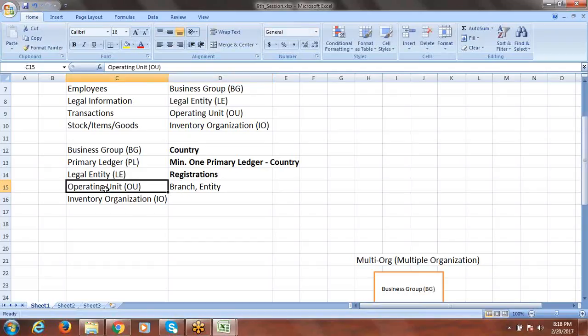So how can you decide how many operating units there are? If I ask the question, you are doing an implementation for one client, how are you going to decide how many operating units the client requires? Generally, as many branches as they have, that many operating units we create. Why create a separate operating unit for every branch?